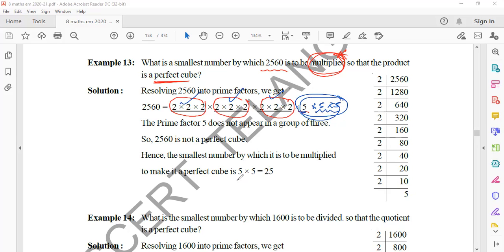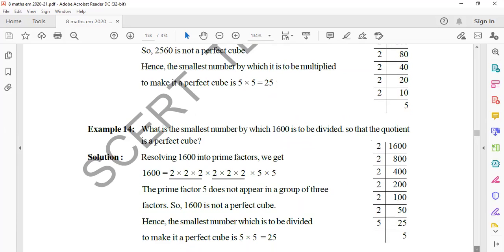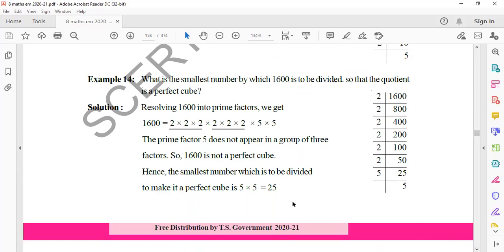So I require 5 into 5 multiplied, nothing but 25 is required to make 2560 a perfect cube. Multiplication means you need to multiply the number. Division means this 5 should not appear. That is a different case that I'll discuss in the next question. Multiplication means the number should multiply. Okay. In the square case only one 5, in the cube case 3 are required. So the next case I already told you.